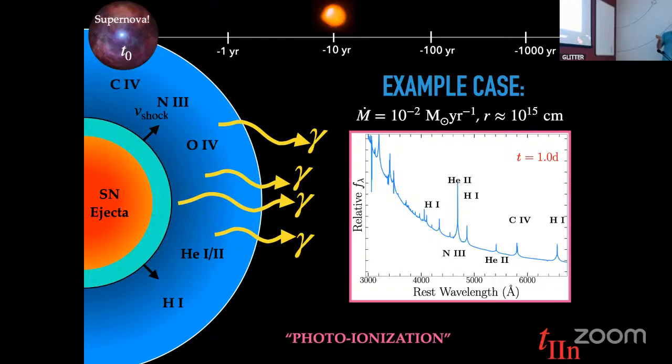If I'm an observer, and we want to do this more routinely, at a day after explosion, we can see these signatures of the shock photoionizing this material ahead of it. It can give us constraints on the X-ray temperature of the shock, constraints on the CSM density by looking at the line profile, and constraints on the composition of the CSM, which then relates to the red supergiant's metallicity.